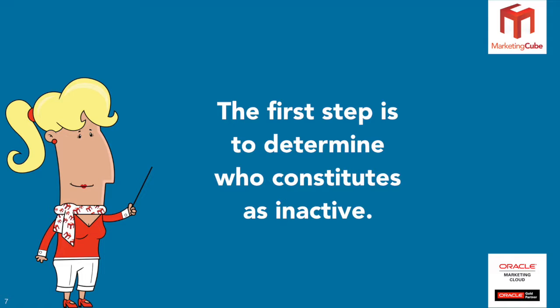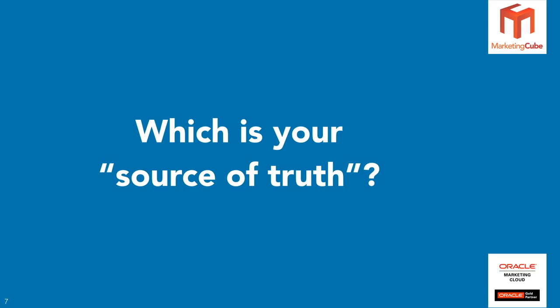So the first thing is we need to understand what the source of truth is. In order for your organization to uncover these people, there's two ways of being able to understand inactivity. Eloqua is probably the best indicator of understanding activity or lack of activity because of the digital body language that you're able to uncover.